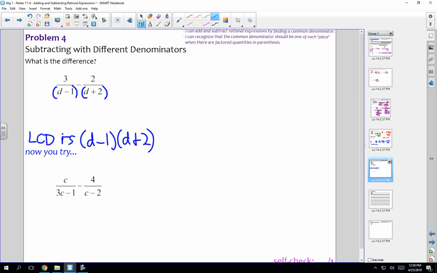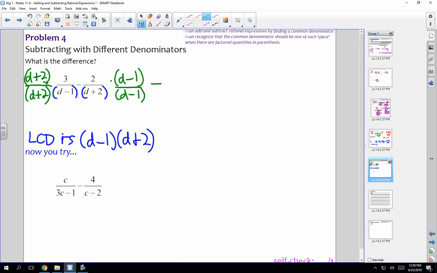So what I need to do here is go ahead and multiply the first fraction by d plus 2 over d plus 2, and the second fraction by d minus 1 over d minus 1, so that both fractions have a d plus 2 and a d minus 1 as factors in the bottom of the fractions.